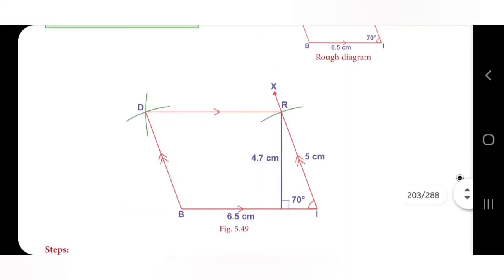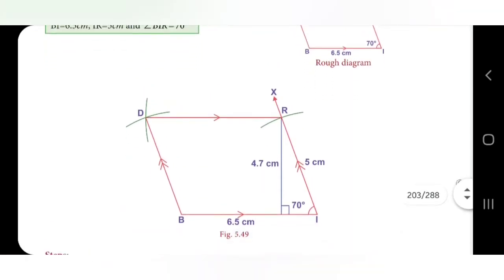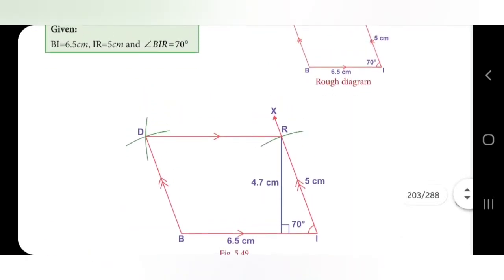Now we will see how to construct. First, by the given measurements, we should draw a baseline. BIRD, BI is equal to 6.5 centimeter. Using a scale ruler, draw 6.5 centimeter. Then with I as center, place a protractor here.